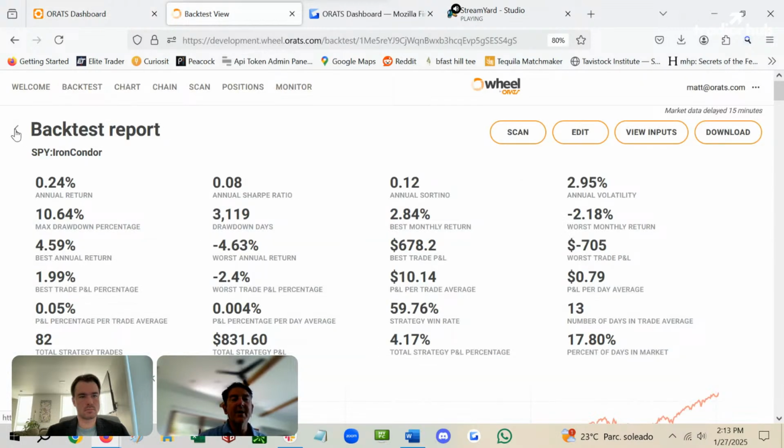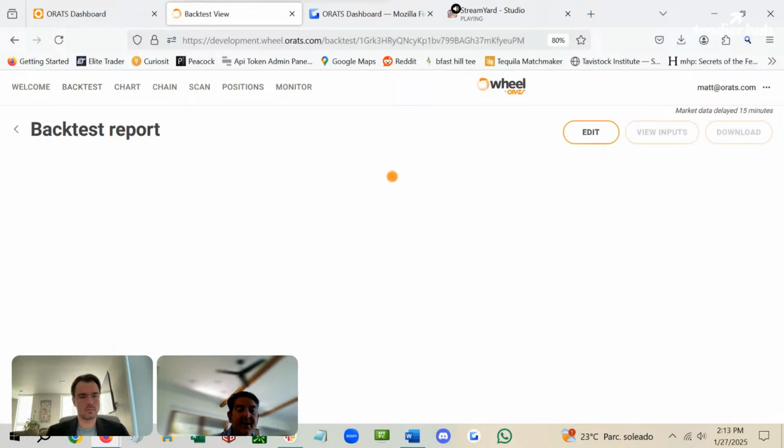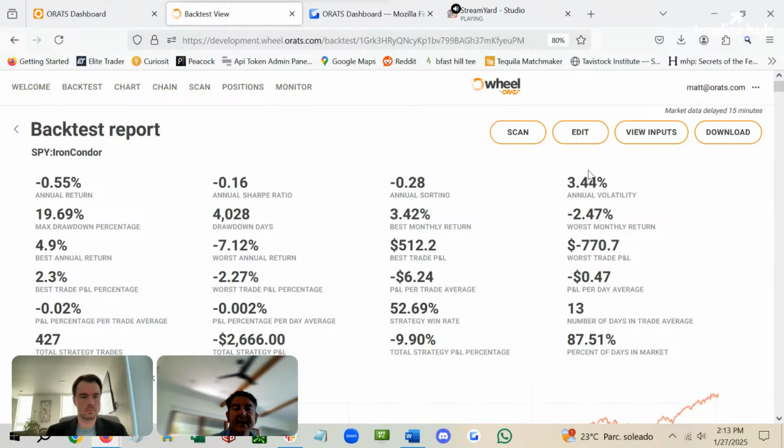So what I've done is in our legacy backtester, we don't have a double calendar per se, but you could take an iron condor and you can adjust the leg relationships in order to make it into a diagonal.